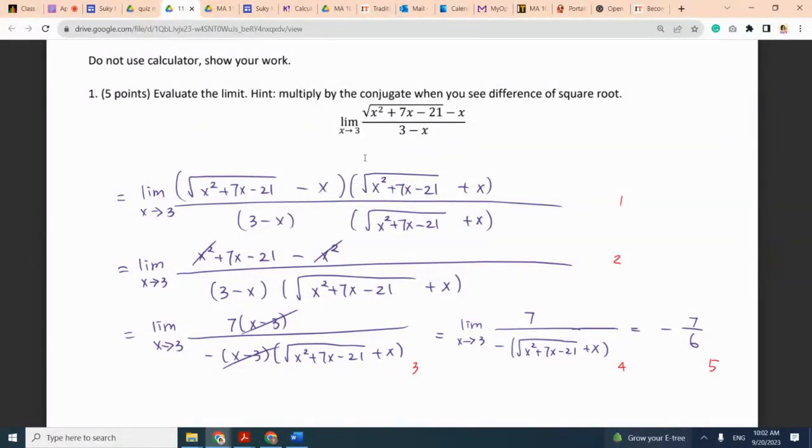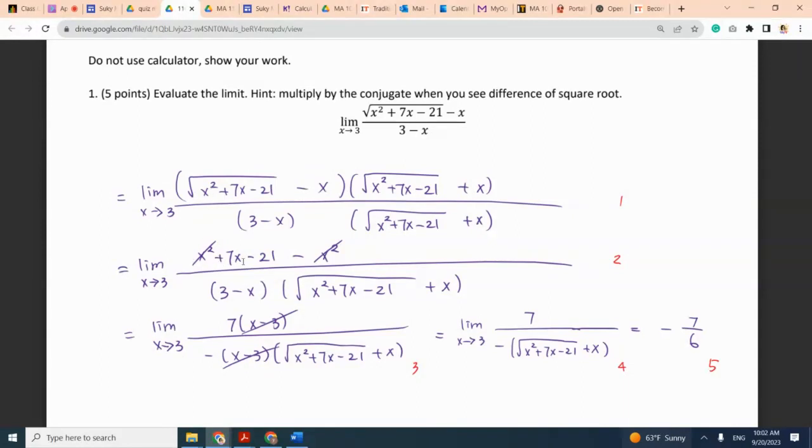The conjugate is the two terms remain the same, but you change the sign from minus to plus. Do you remember, everybody? Conjugate. And why do we multiply by the conjugate? Because we use the formula a minus b times a plus b equals a squared minus b squared. The square can cancel the square root. So that's why you see the square root cancel.